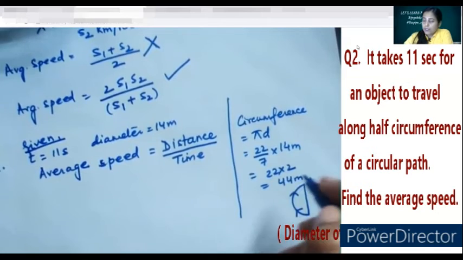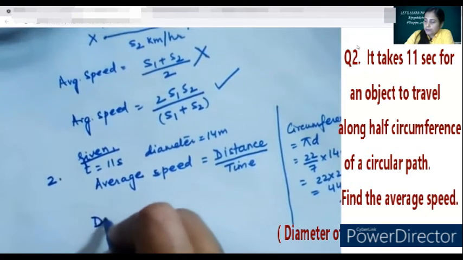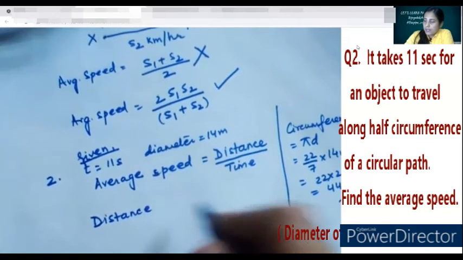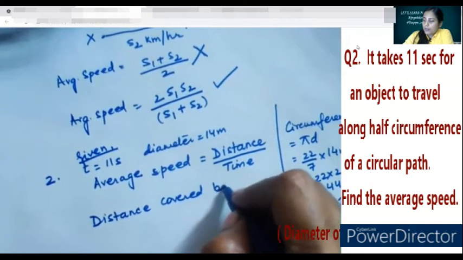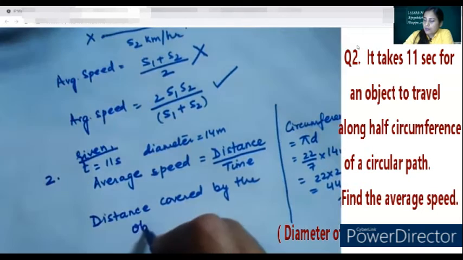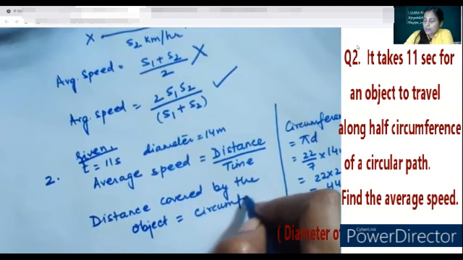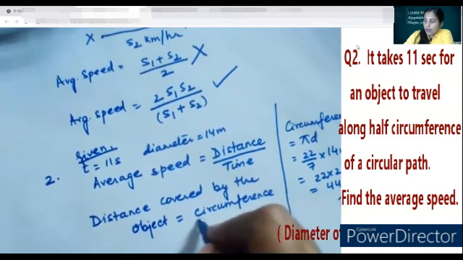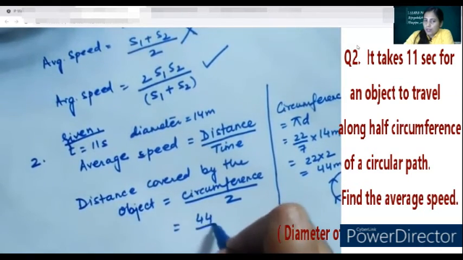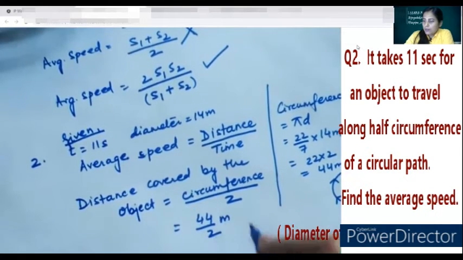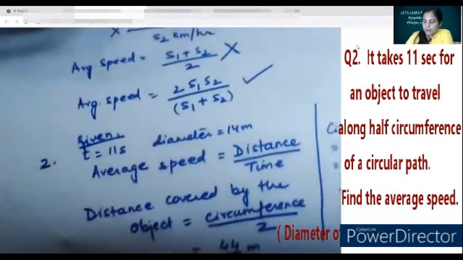So if it is half of the circumference, then the distance covered by the object will be half the circumference, so it will be 44 by 2 meter, that is 22 meter, isn't it?